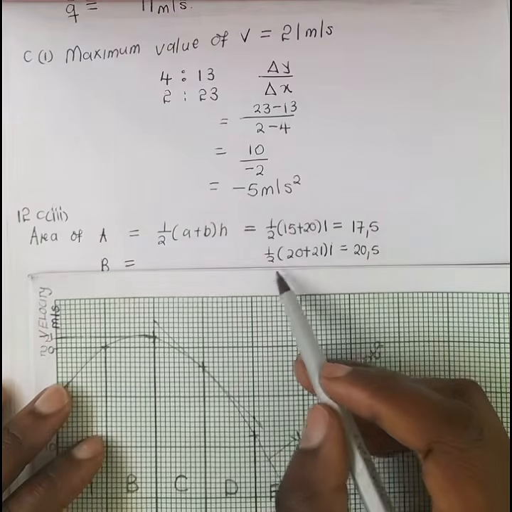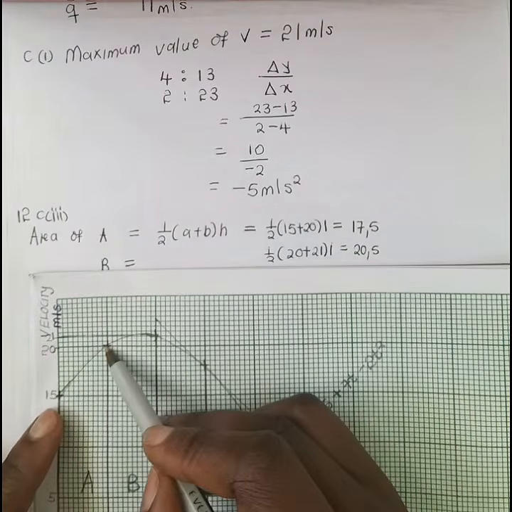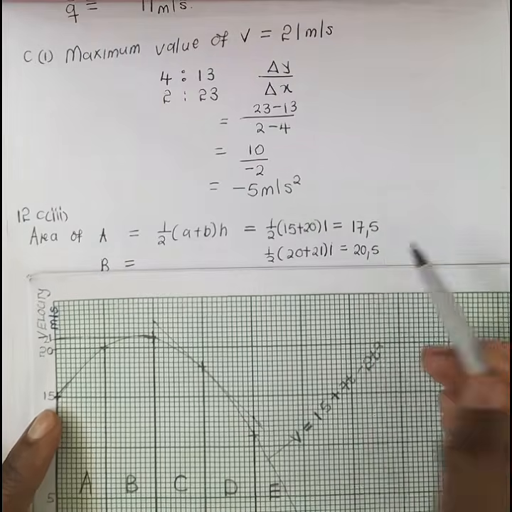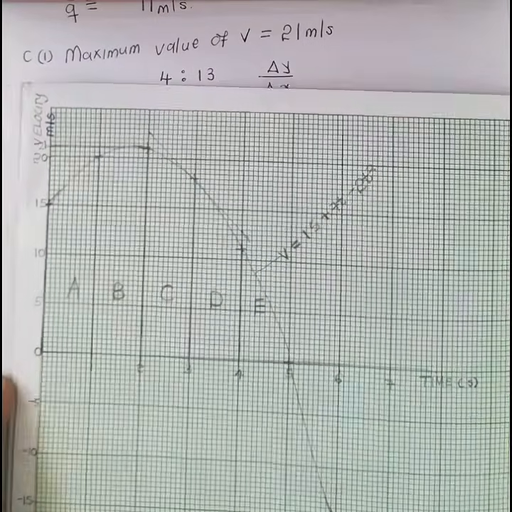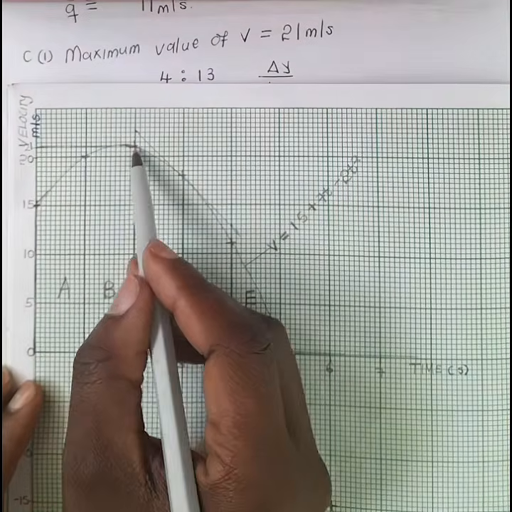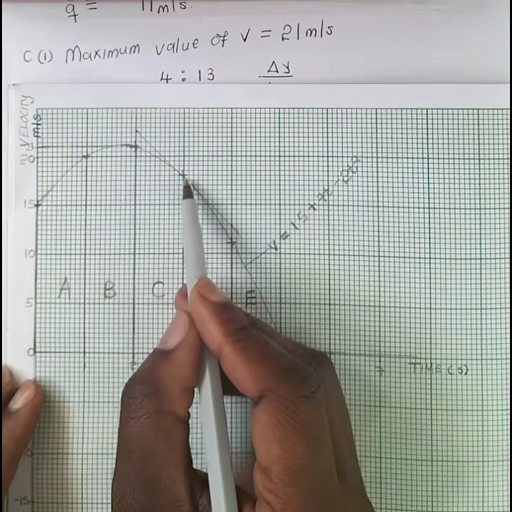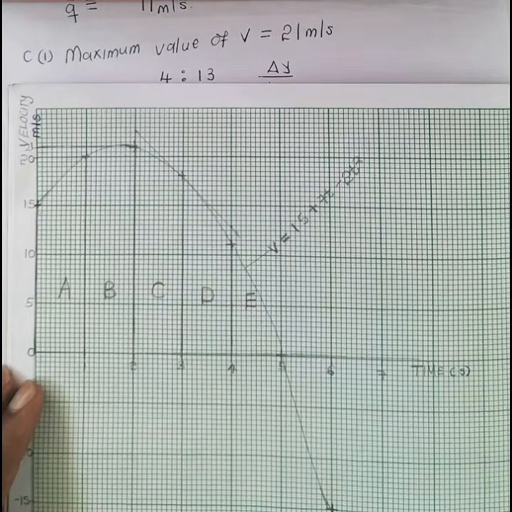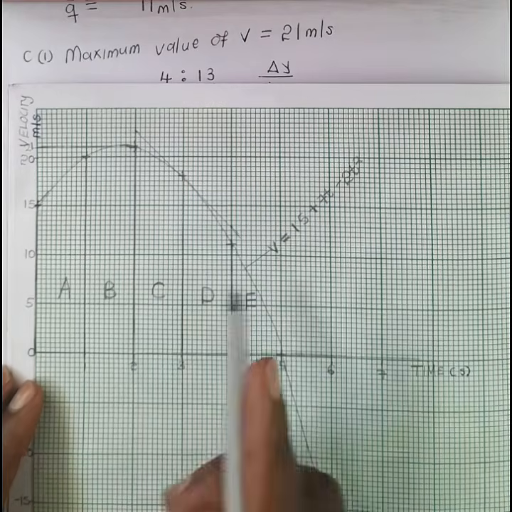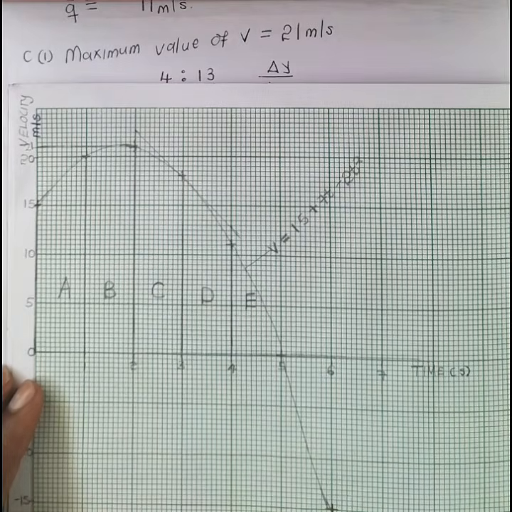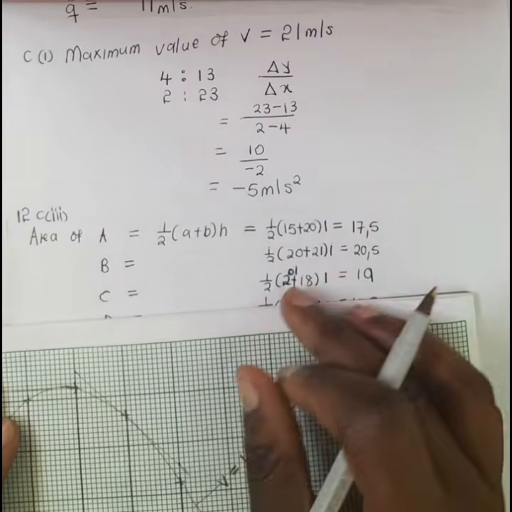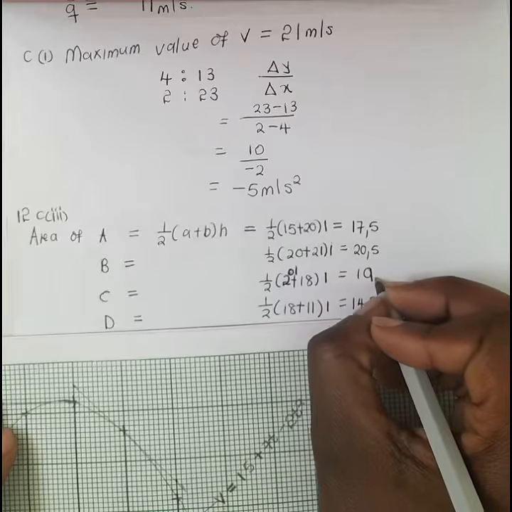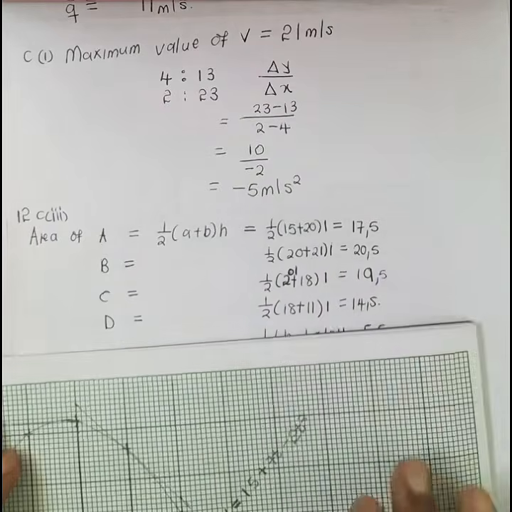So we say half times 20 plus 21 times 1, which is equal to 20.5. And then for our C, we have 21 and 18, so half times 21 plus 18 times the width, which is 1, which is equal to 19.5.